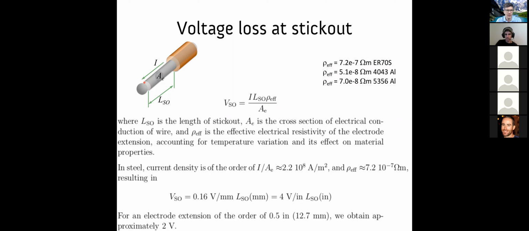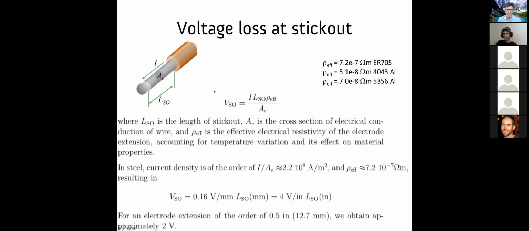Anybody wants to venture a guess for temperature there? Melting temperature, very good, but that's an easy guess. Here we have about room temperature. So in the stick out, the temperature varies from something close to 20 degrees, let's say, to 1500 degrees. And the resistivity varies a lot.